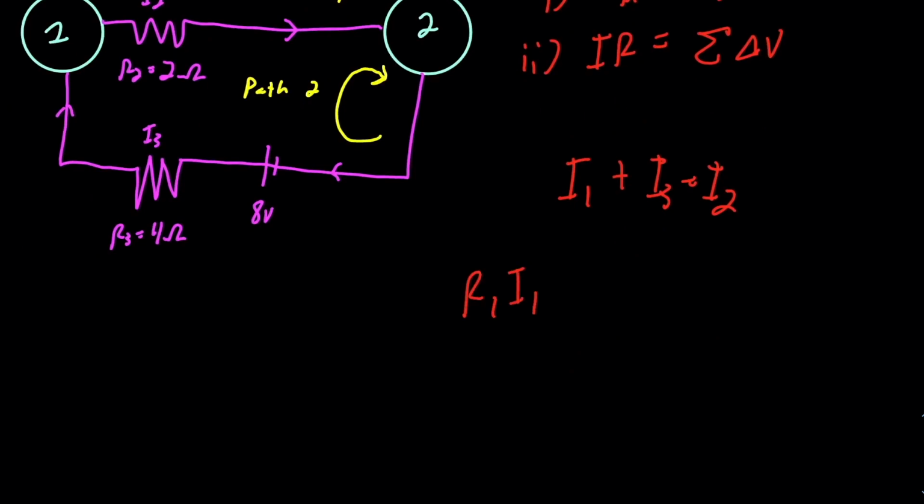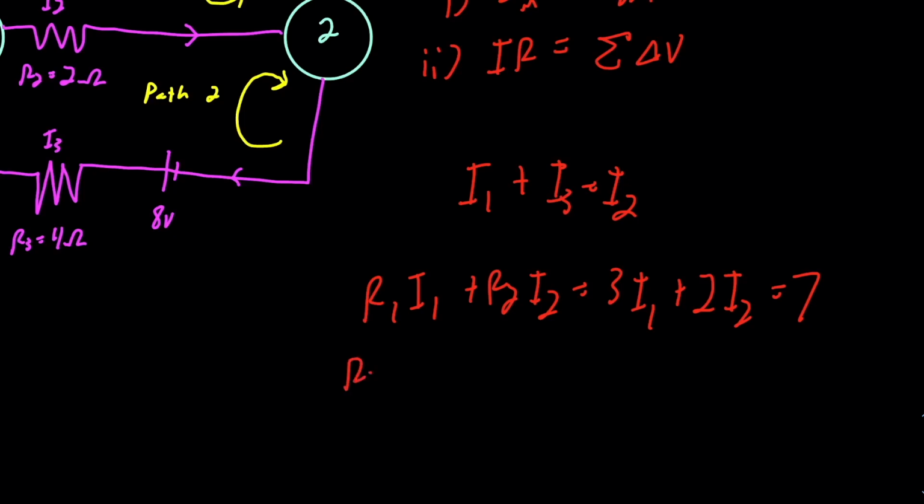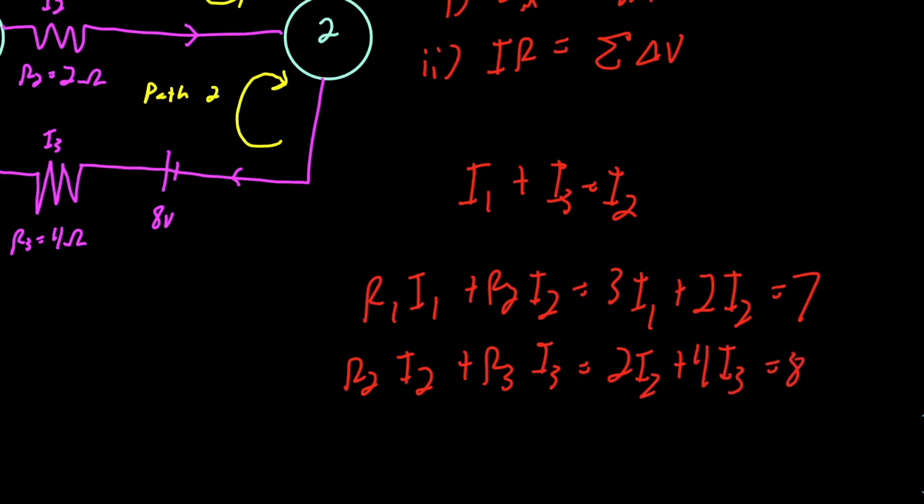R1 I1 plus R2 I2 is equal to 3I1 plus 2I2, which equals 7 volts, and R2 I2 plus R3 I3 is equal to 2I2 plus 4I3, which equals the 8 volts in path 2.